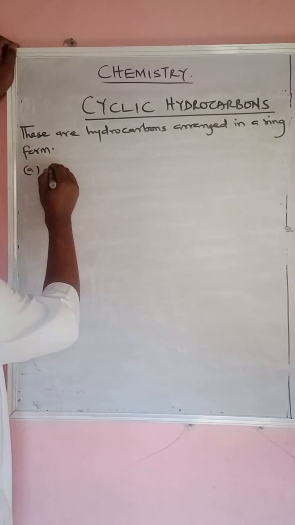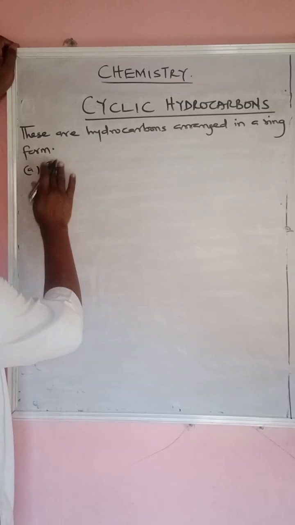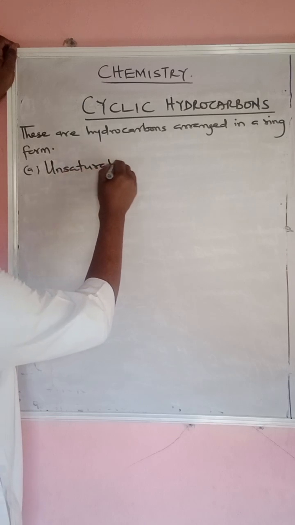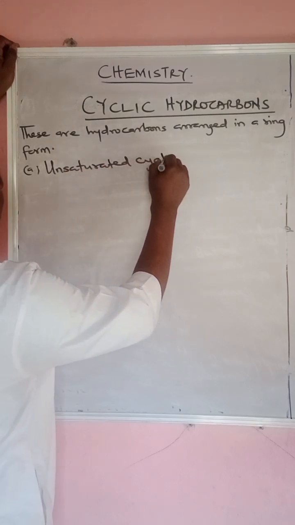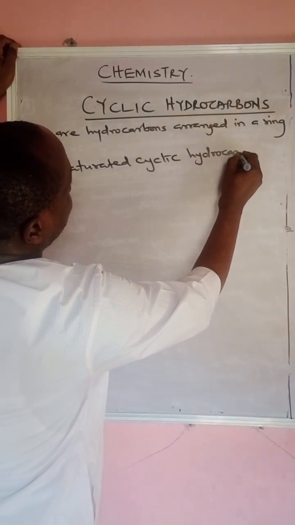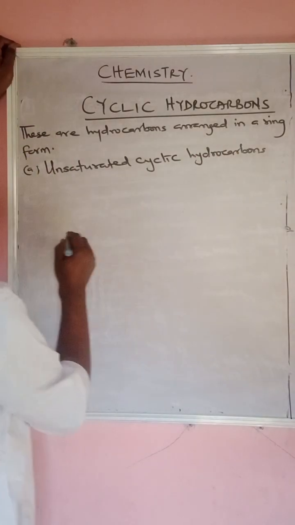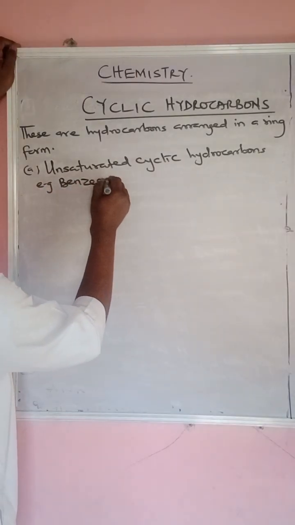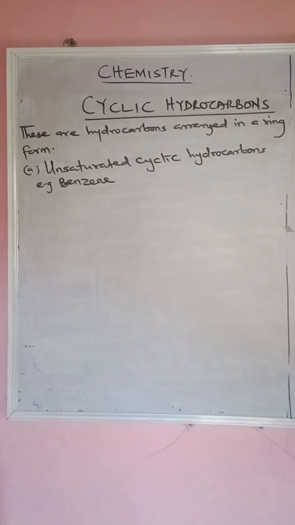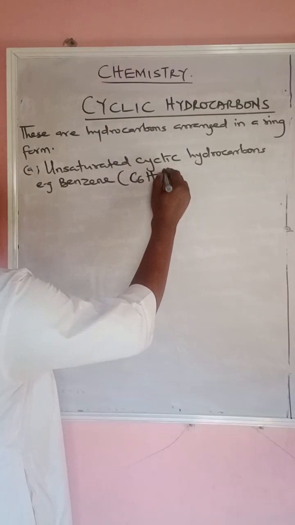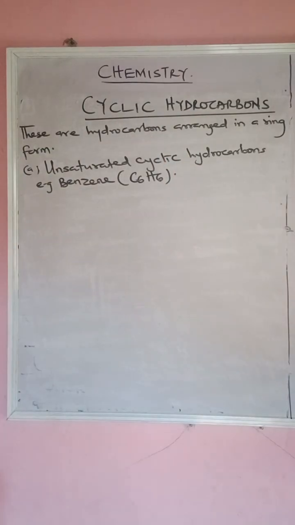Either we have unsaturated cyclic hydrocarbons, for example, we talk of benzene. Benzene is unsaturated, C6H6.